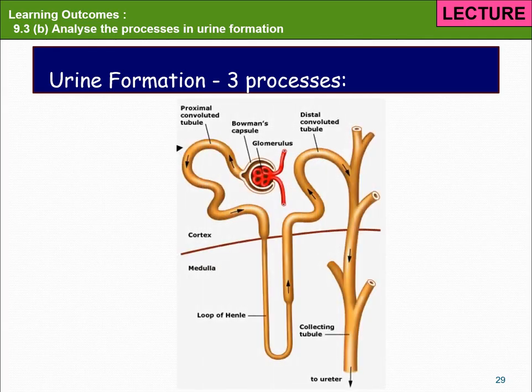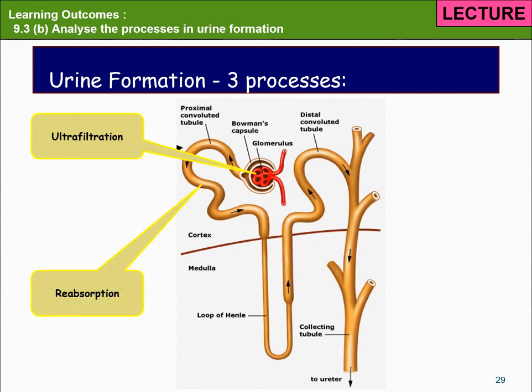First is ultrafiltration, which occurs in the glomerulus, then reabsorption, which occurs mainly in the proximal convoluted tubule, and the third is secretion, which occurs mainly in the distal convoluted tubule.